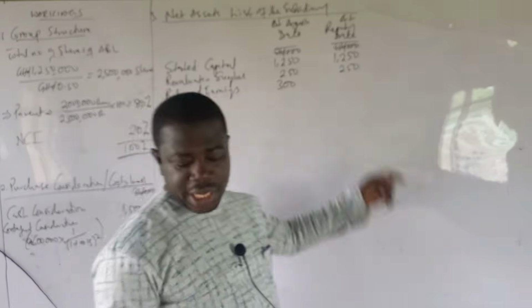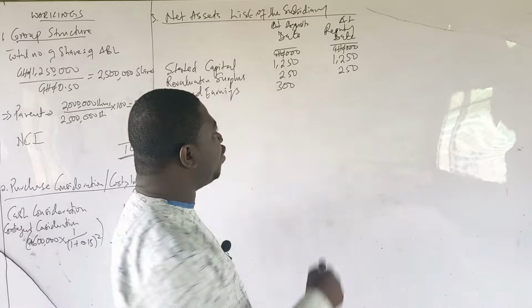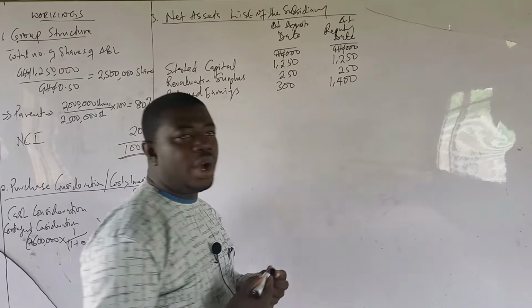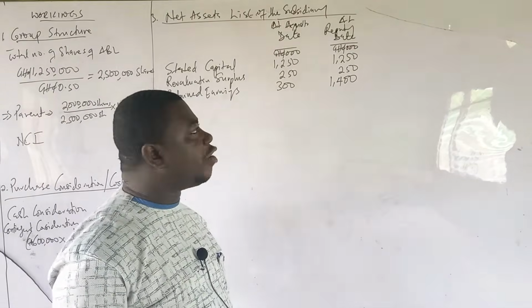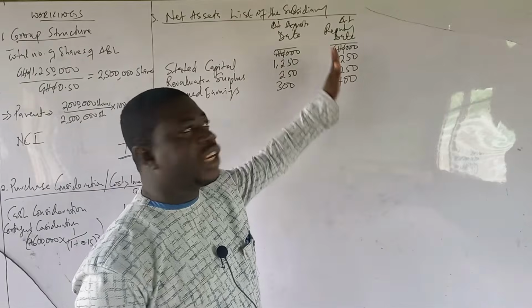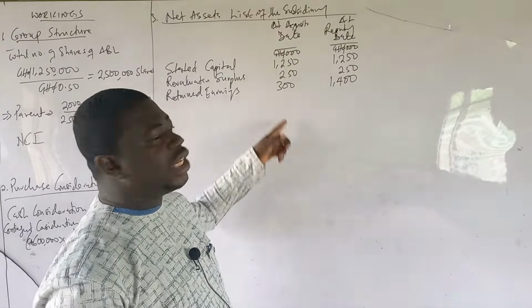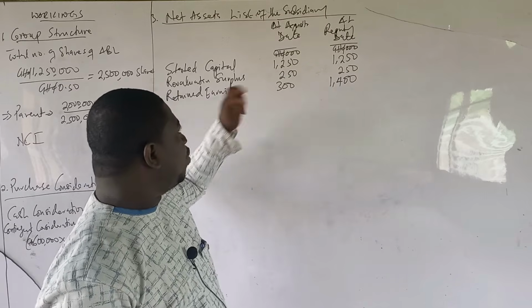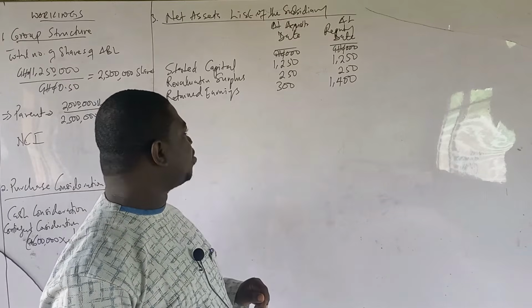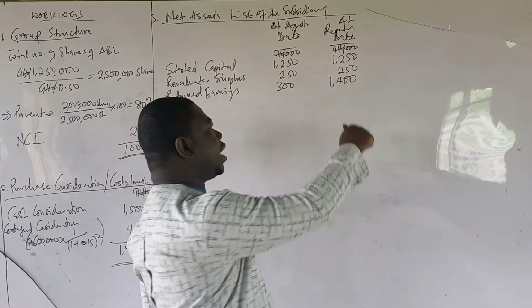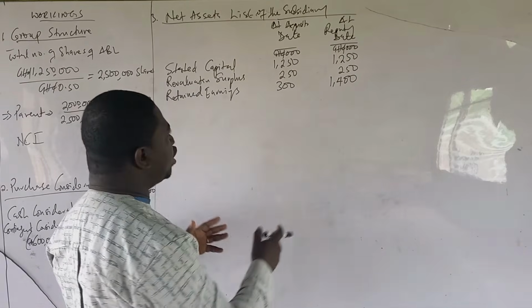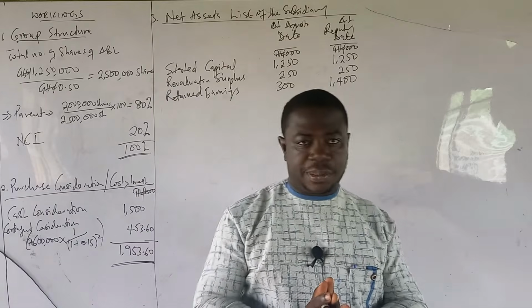But at reporting date, which is the statement of financial position we've been given, we have seen that it is 1.4 million. So the statement of financial position that we have been given is what is catering for the reporting date. The acquisition date, we are told about them. So that is it. So at acquisition date, we had the income surplus balance to be 300, and then at reporting date is 1,004. This is what we saw from the statement of financial position.